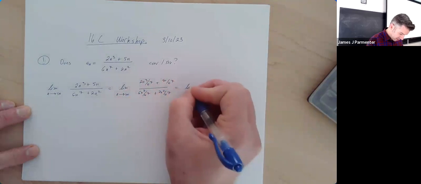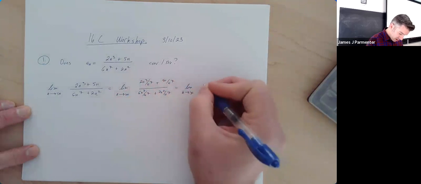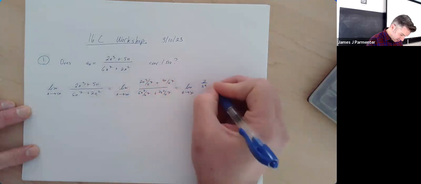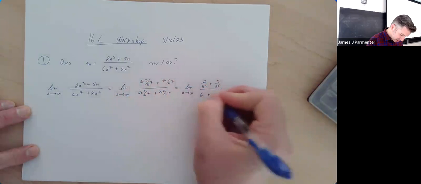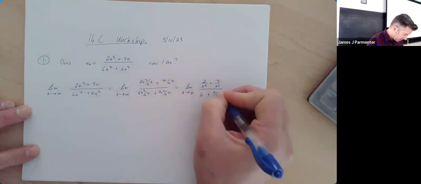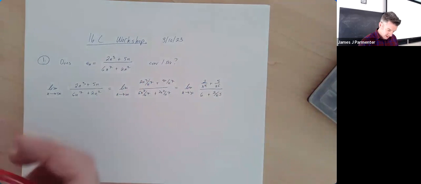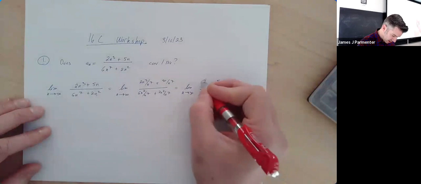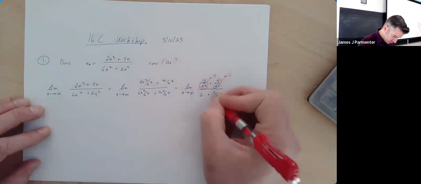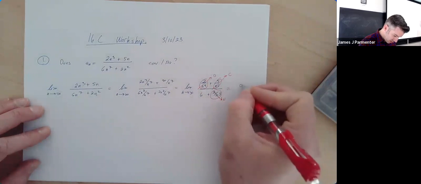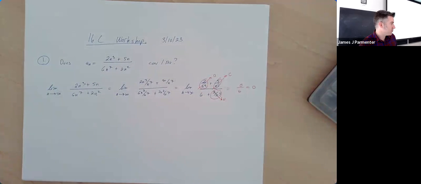And then if we simplify that, we get the limit as n goes to infinity of 2 over n to the 4th plus 5 over n to the 6th over 6 plus 2 over n to the 5th. And you can see that all these things that are constants divided by powers of n are just going to go to 0. So we're left with 0 over 6, which is 0.